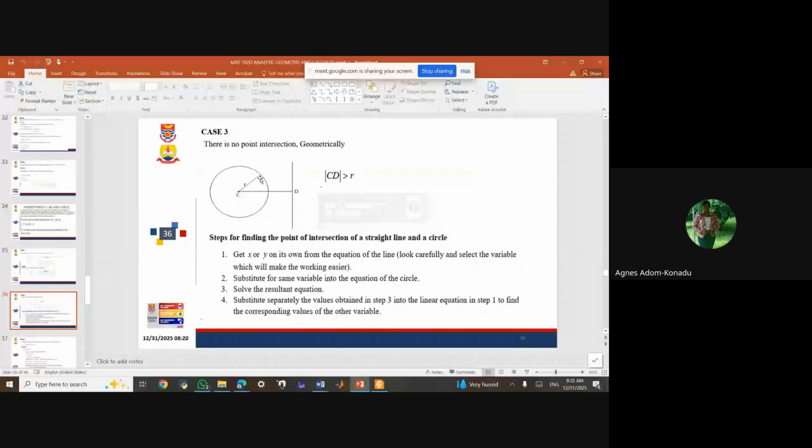Okay, so we want to look at the steps for finding the point of intersection of a line and a circle. First, you make x or y the subject from the equation of the line given.